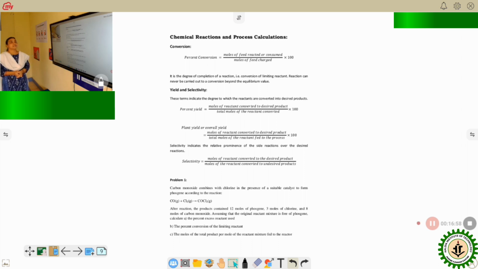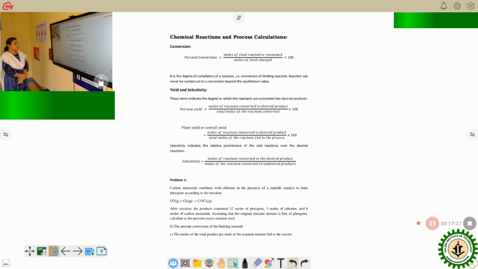Selectivity indicates the relative prominence of the side reaction over the desired reaction. Selectivity is calculated as the moles of reactant converted to desired product divided by moles of reactant converted to undesired product. Now we will solve one problem to clear the calculation of conversion, yield and selectivity.